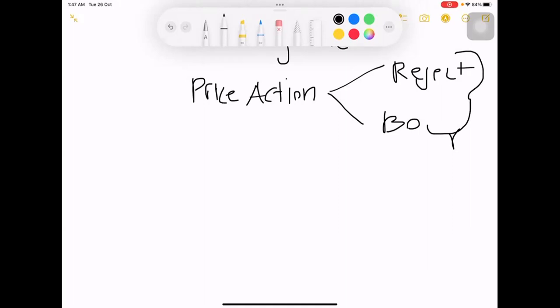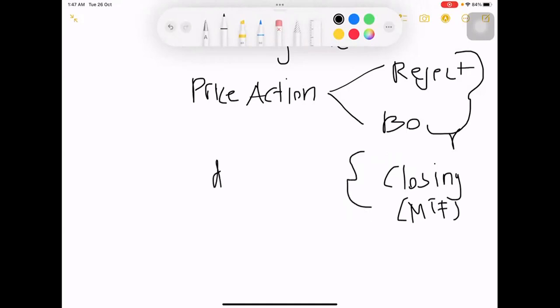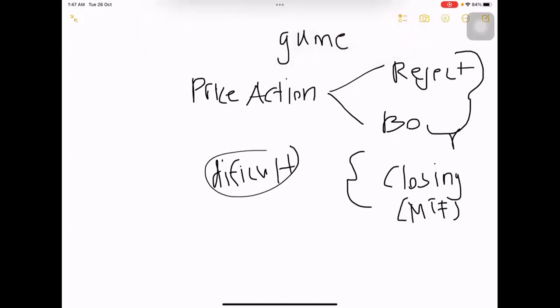After price action. Time frame, closing, right? Yes. We must monitor closing or multi time frame. So actually this one is very difficult. Very hard lah.